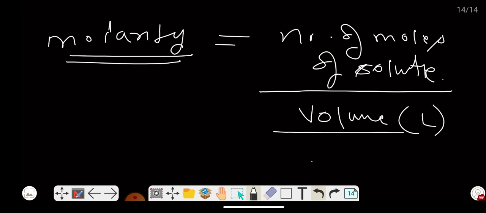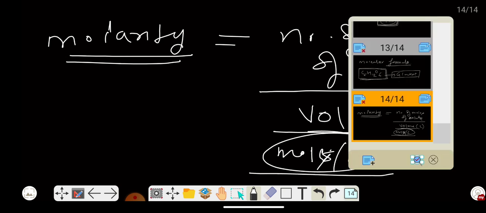This will be the formula for molarity, that is moles per liter.